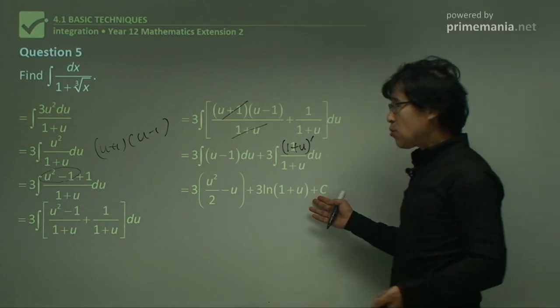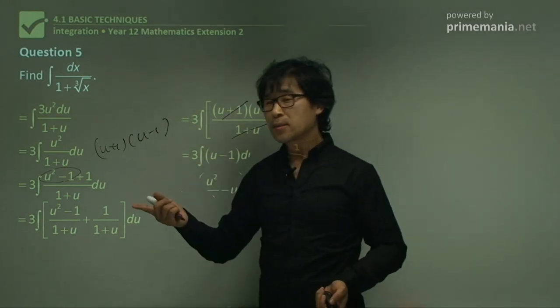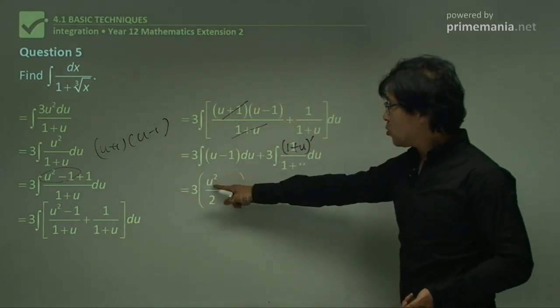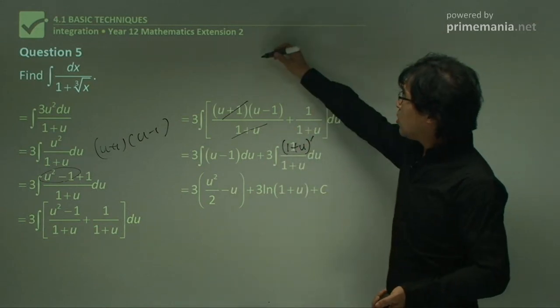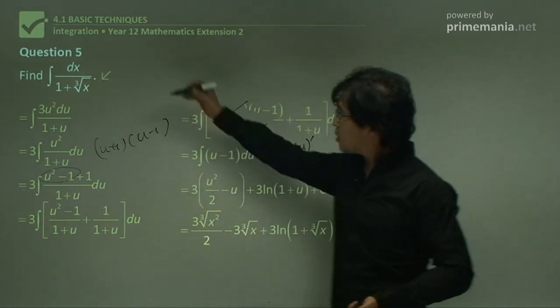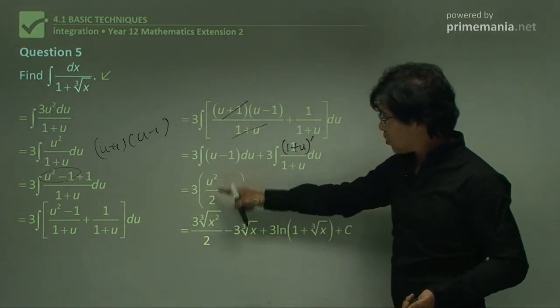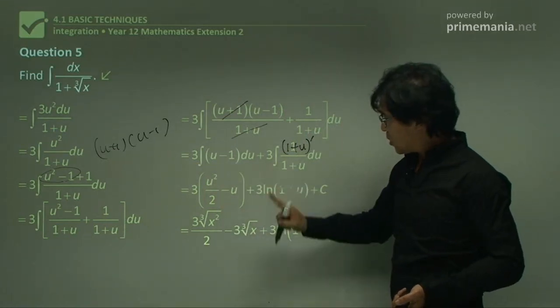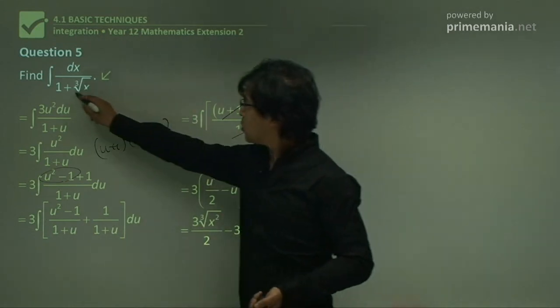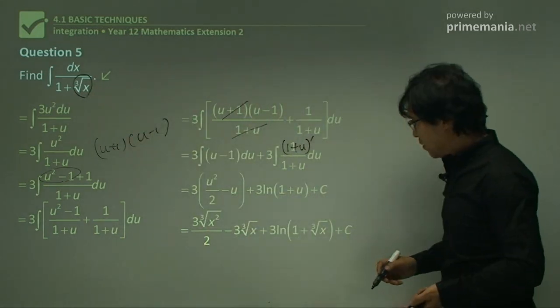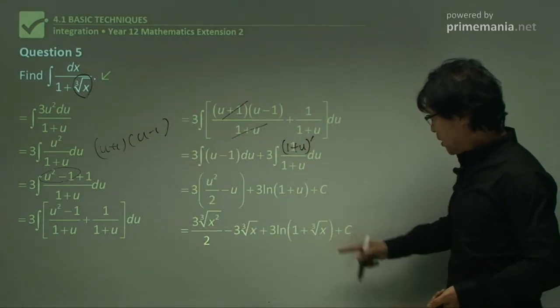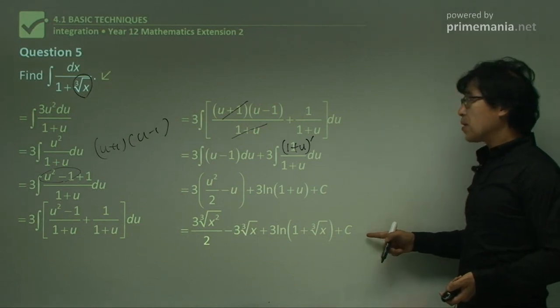So you have to put it back. What was u? u was the cube root of x. So u squared changes like this, u is this, and that must be the final answer.